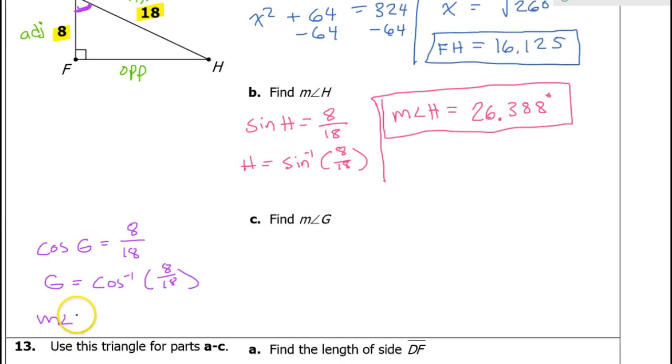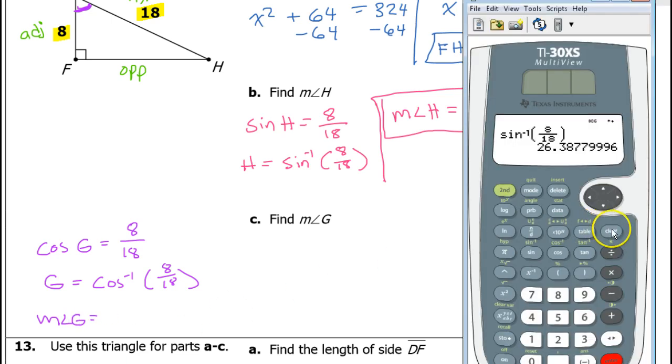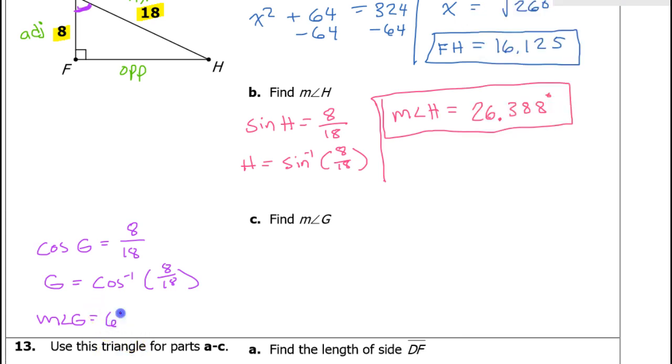So the measure of angle G will equal, and I can put that in my calculator, inverse cosine of 8 over 18. So that's 63.612. So that's one way you could have done it.